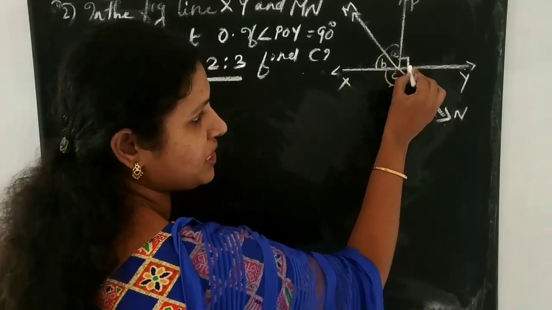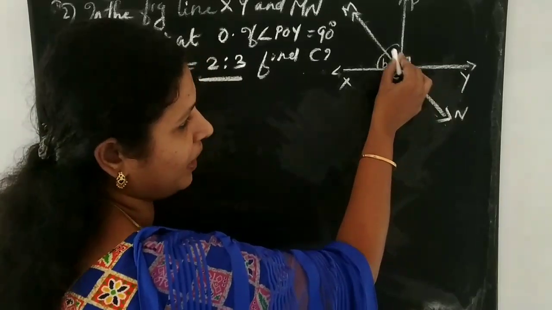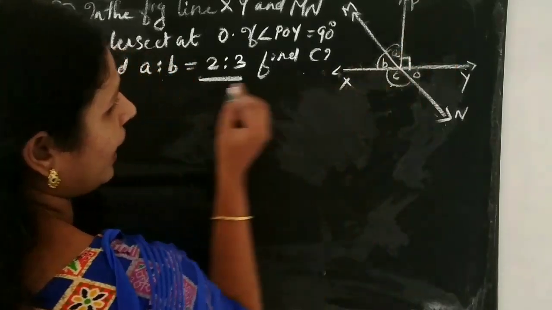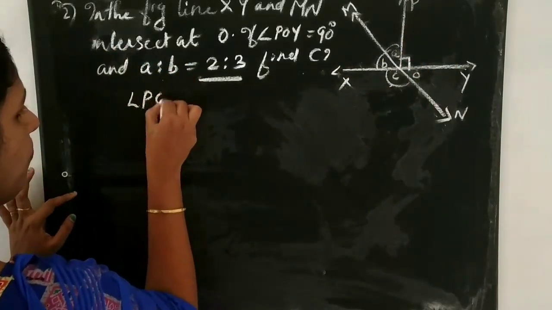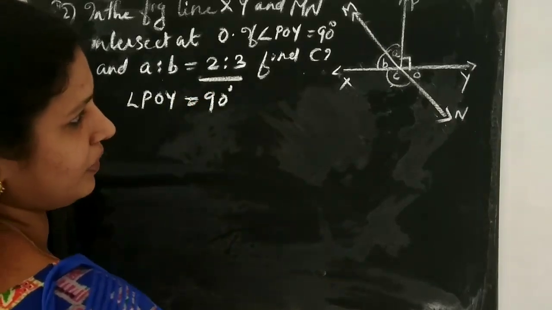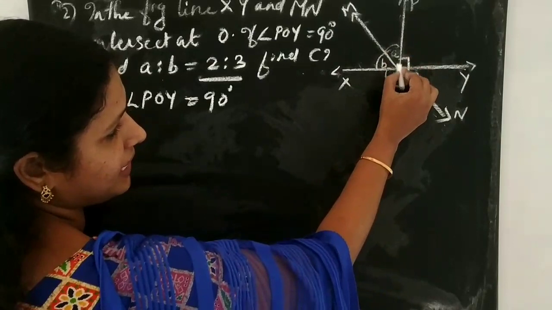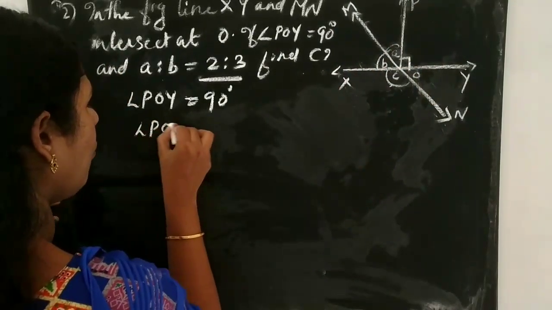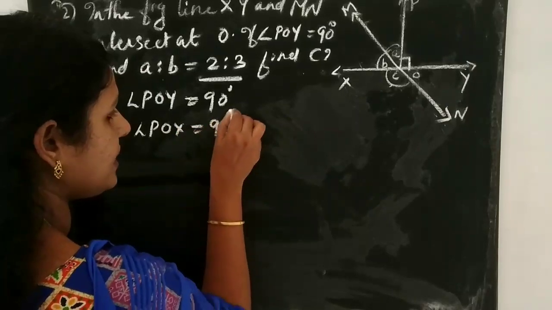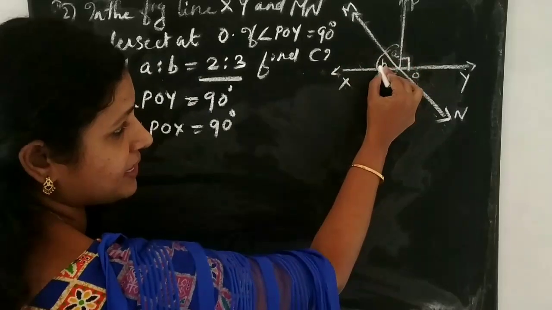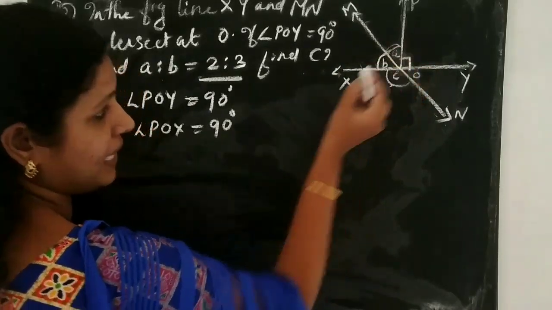Here angle POY is 90 degree, then angle POX is also 90 degree, and POX combines this angle A plus angle B.